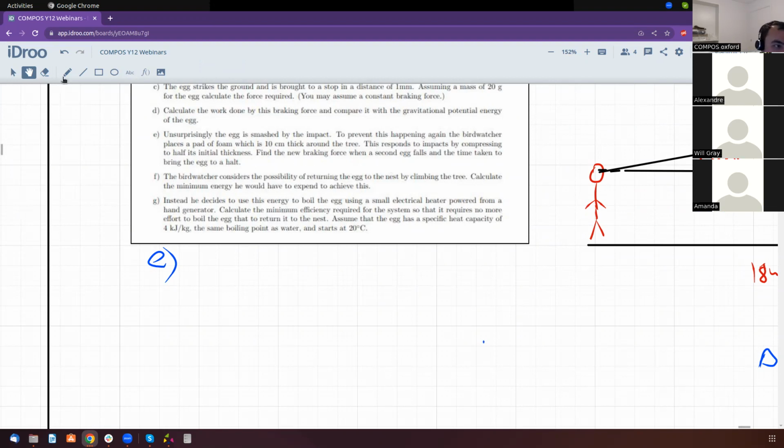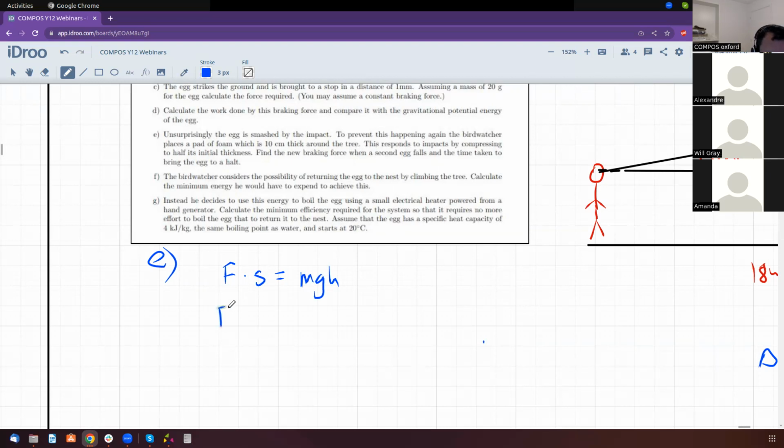So now the distance that it moves, the force times the distance, is still mgh. Find a new braking force and the time taken for the egg to come to a halt.